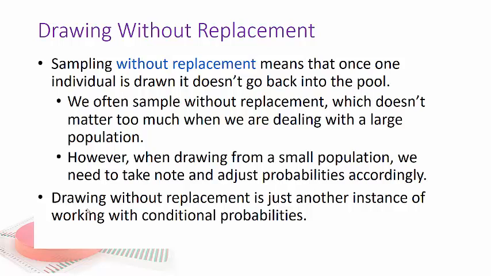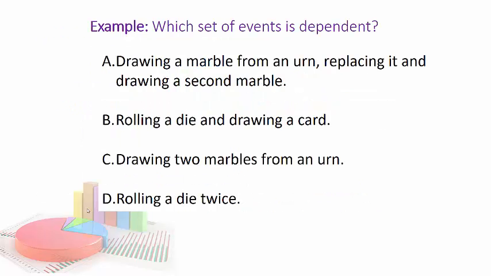So this is another instance of working with conditional probabilities. So first of all, let's look at which events are dependent or independent. I'm just looking for dependent, where the probabilities change depending on the first thing happening. Drawing a marble from an urn, replacing it, and drawing a second marble.